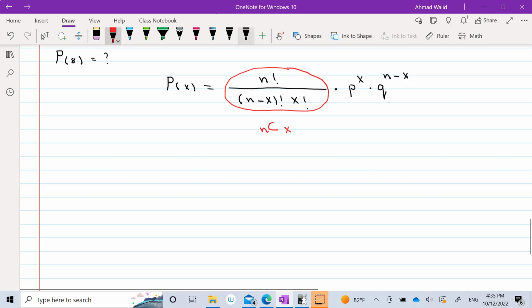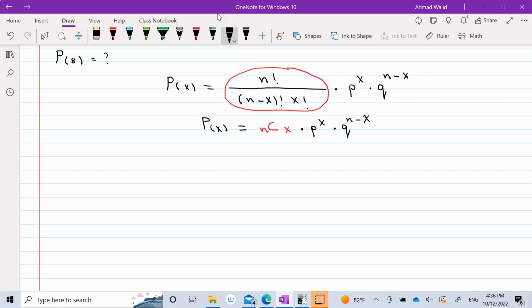I want to make this formula a little easier for you to use with your calculator. Then I can write P of x equals NCX times p to the power of x times q to the power of n minus x. Correct? That will be your formula to find a binomial probability.